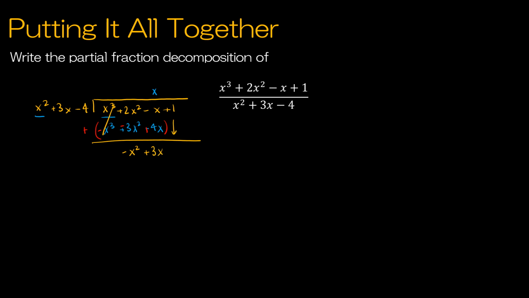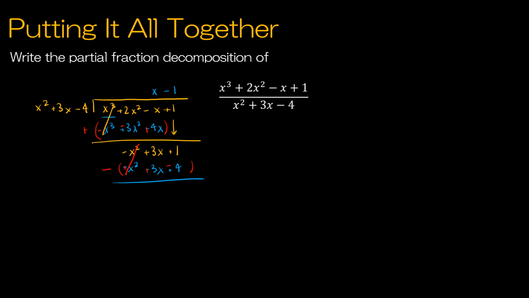bring down the 1. And then I'll repeat the process and say, if I took negative x squared and I divided it by x squared, what would I get? I would get negative 1. And that leaves me with negative 1 times x squared, negative 1 times 3x, minus 3x, and negative 1 times negative 4, which is plus 4. I'm now going to subtract all of that, which means I'm going to change all of the signs.